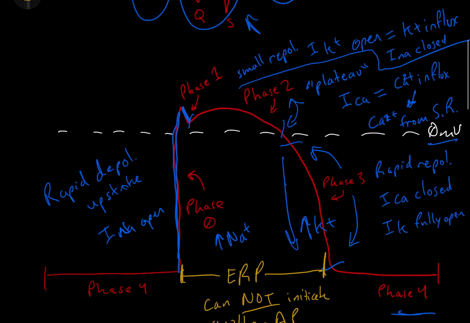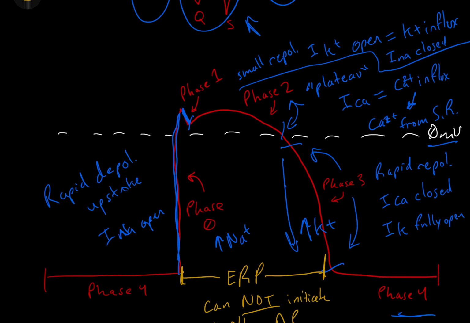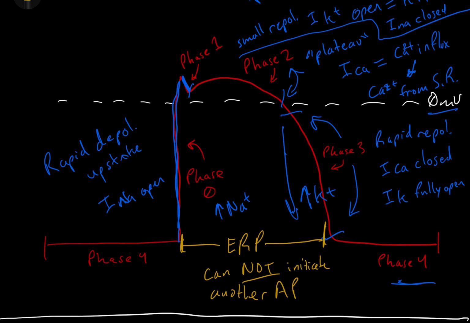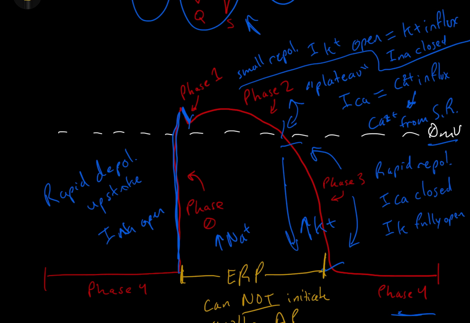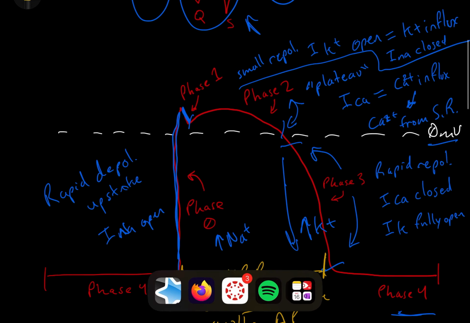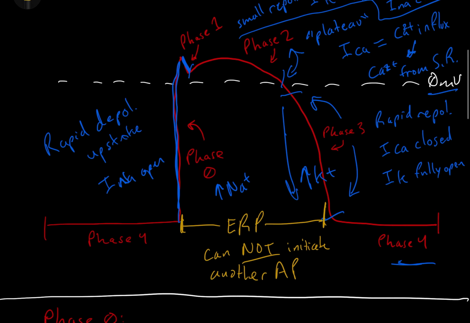And this should probably make sense to you, because if you think about it, we're already contracting, so there's no point of actually putting up another action potential, because it's physiologically impossible with the ions coming in and out of the cell as this whole phase exists. So phase 0, 1, 2, and most of phase 3 is going to be the effective refractory period.